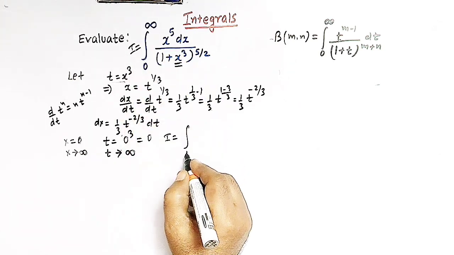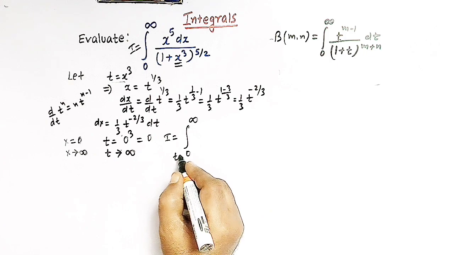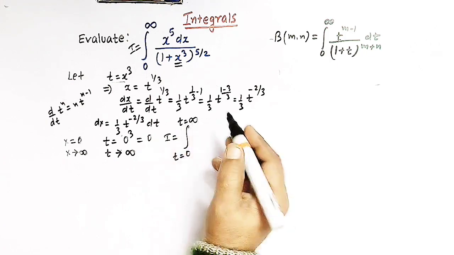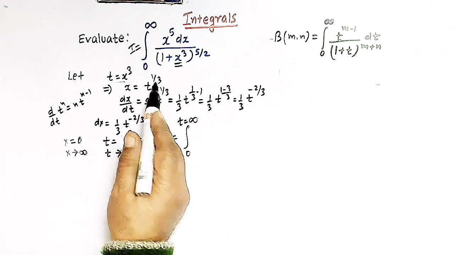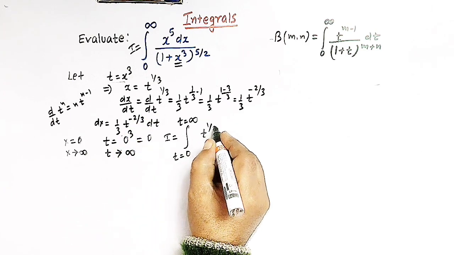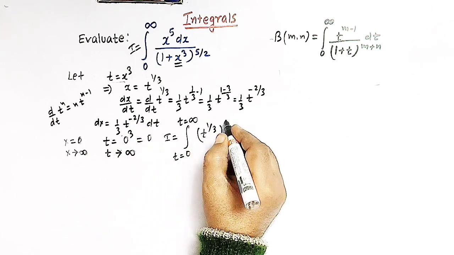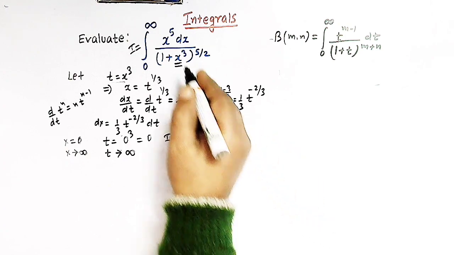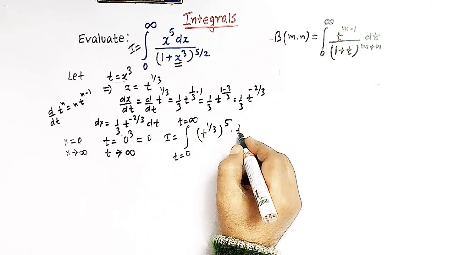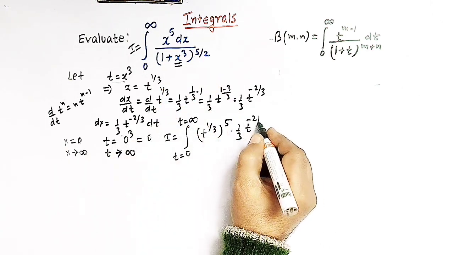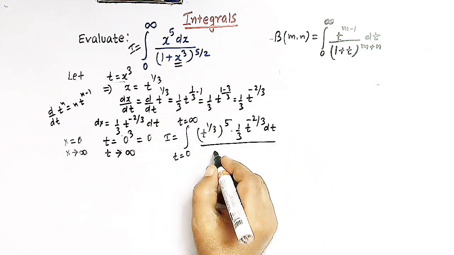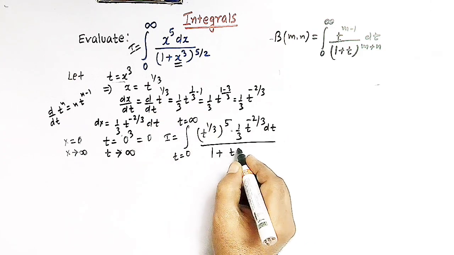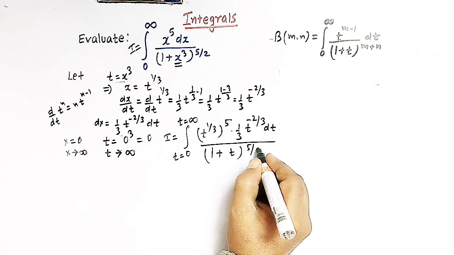So we can now write 0 to infinity, and then we have x raised to 5, x is t raised to 1 over 3. So we have t raised to 1 over 3, and here we have 5. For dx, we can now write 1 over 3 t raised to minus 2 over 3 dt. And in the denominator, we can write 1 plus t raised to 5 over 2.